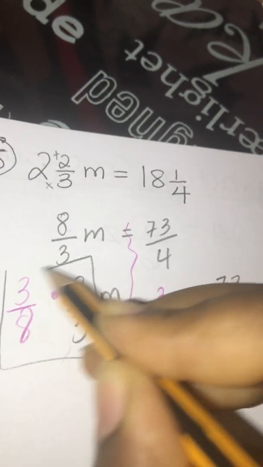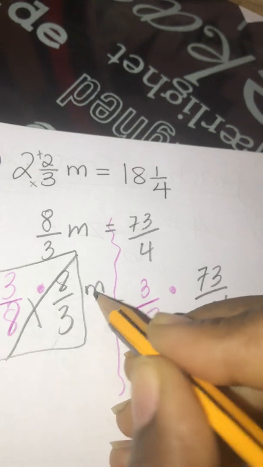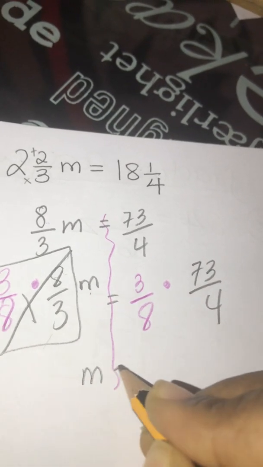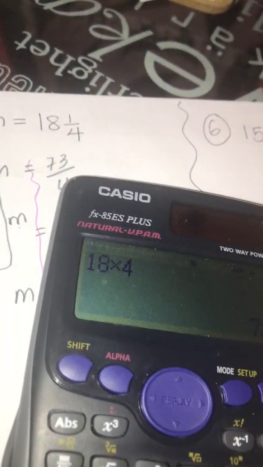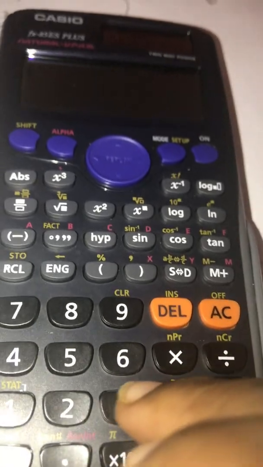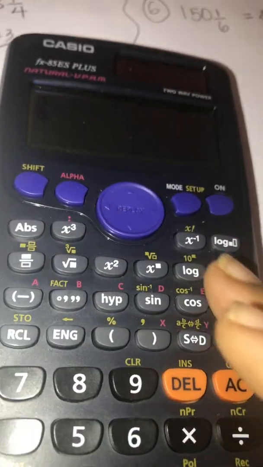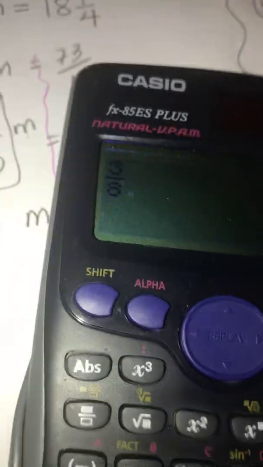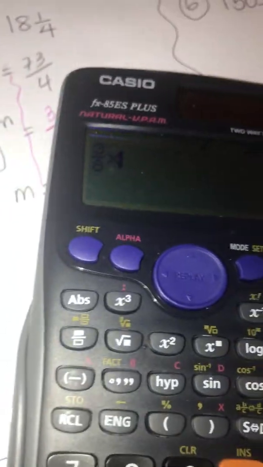Then you multiply this side, and you cross it because you're going to get 1. You're left with m. M equals, then you need to do this, okay? So that is 3 out of 8, and then you multiply with 73 out of 4.